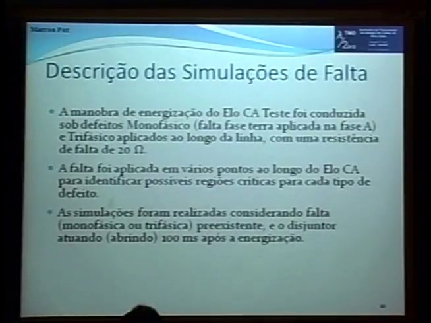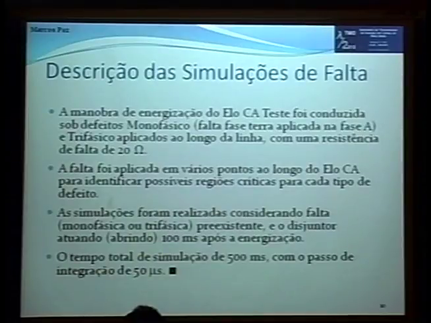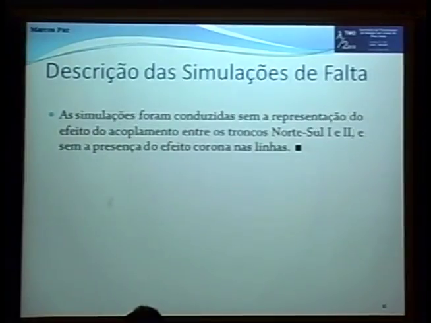We considered the fault at the moment of the closing of the circuit breaker, a pre-existing fault, and the maneuver in the circuit breaker 100 milliseconds after energization, opening the line 100 milliseconds after it was energized. The total time lasted 500 milliseconds with an integration step of 50 microseconds.